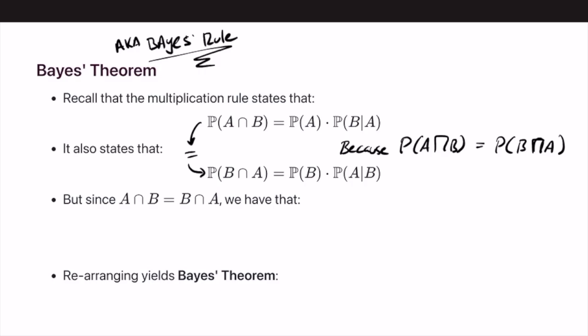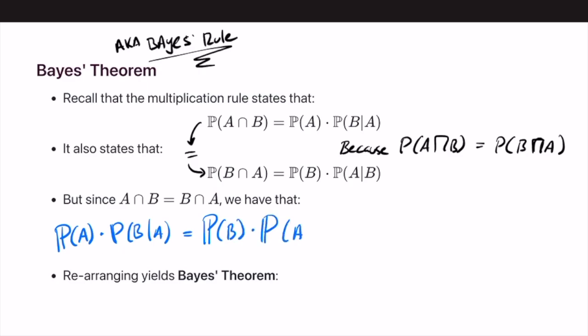Because these things are functionally equivalent, we can write this expression here: the probability of A times the probability of B given A is equivalent to the probability of B times the probability of A given B. And then we can rearrange this equation by dividing out the probability of A from both sides.